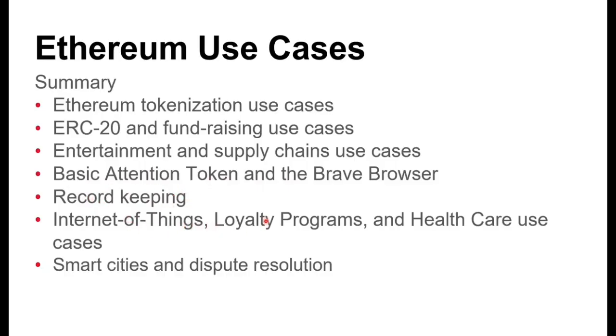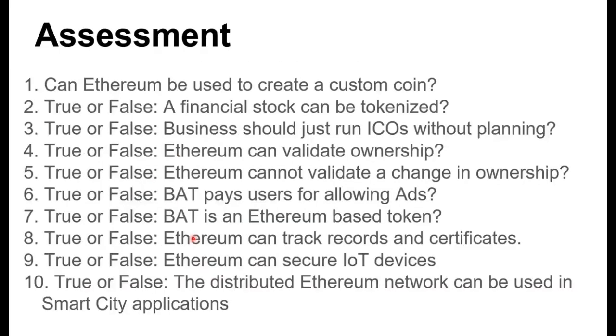Internet of Things or IoT, loyalty programs, healthcare, and smart city and dispute resolutions. These are just some of the use cases. There'll be many more that we don't even know about today that we will see on Ethereum and other networks.